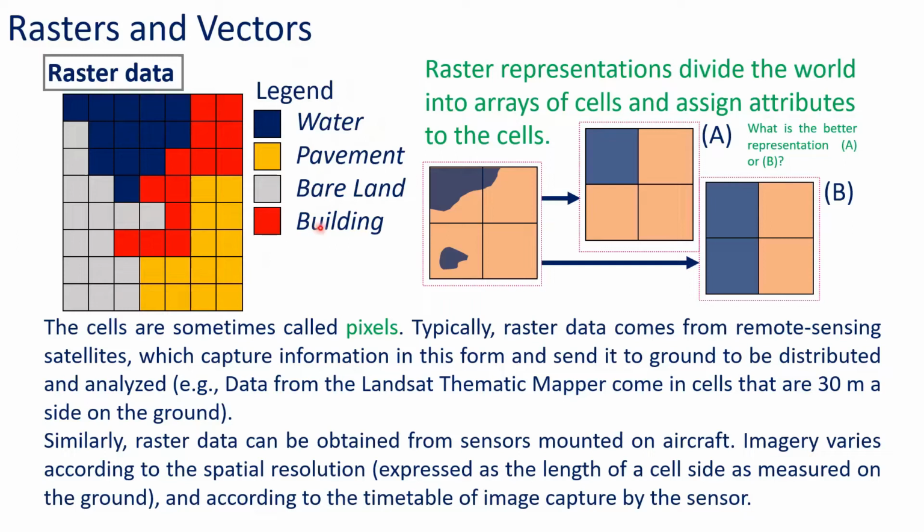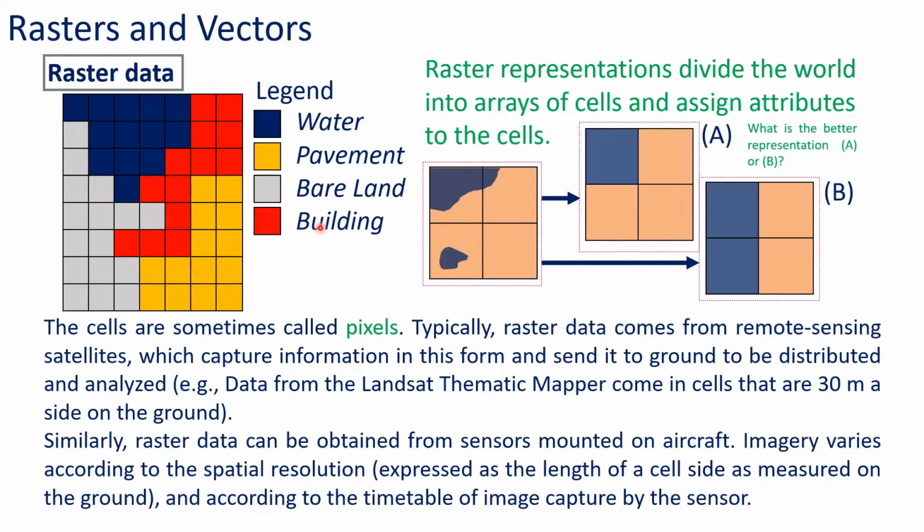This is a discrete representation of the space. Pixel information can be used for continuous representation as well, for continuous fields.